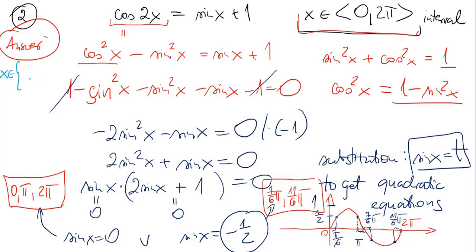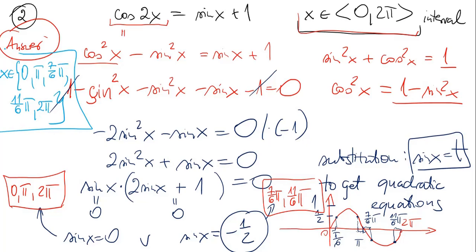So overall we have 1, 2, 3, 4, 5 answers for this very simple equation, right? Okay, so let's write the answer now. So x belongs to, and we have 0.